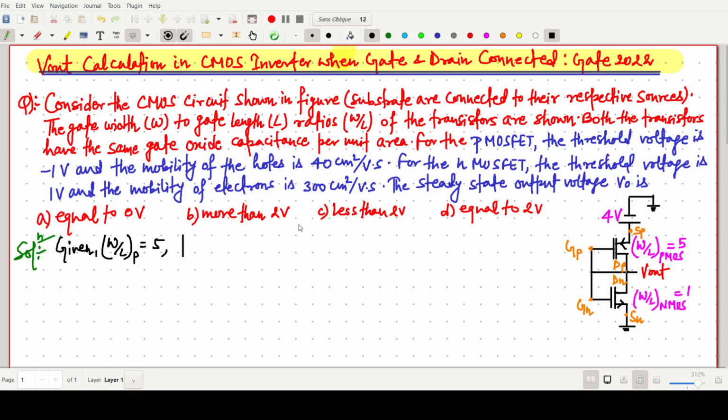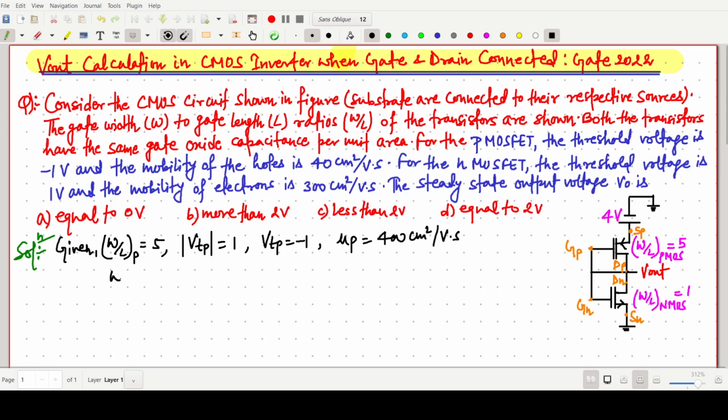The threshold voltage VTP is -1, because the threshold voltage of PMOS will be negative. And the other term, the hole mobility mu P, is 40 centimeter square per volt per second. This is for the PMOS.